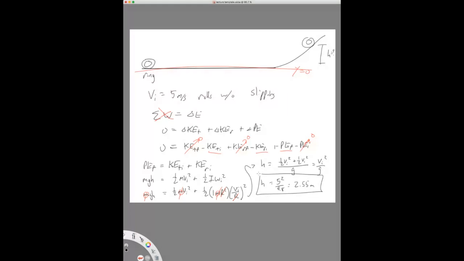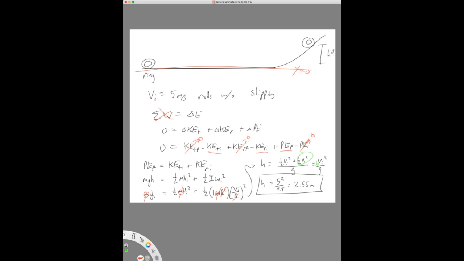And now, again, to just make a comparison between this and what we would have done if we didn't have rolling motion. If we didn't have rolling motion, we wouldn't have this. And so we would have had a 1/2 still in this equation, and it would only go half as high.